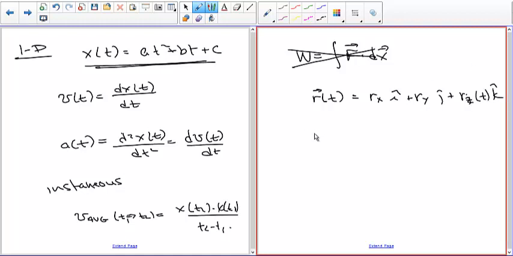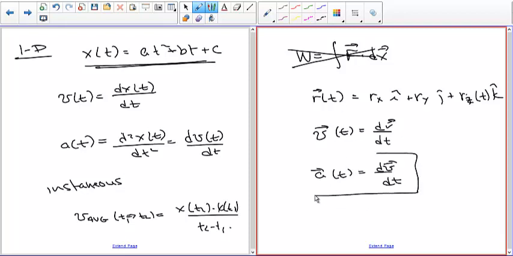Of course the velocity vector is the derivative of the position vector with respect to time, and the acceleration vector is the derivative of the velocity vector with respect to time. Now, if I ask you to calculate the force that's acting on this at a particular time, what you can do is take the acceleration vector, and we know from Newton's second law that the net force vector is equal to the mass, which is a scalar, times the acceleration vector.